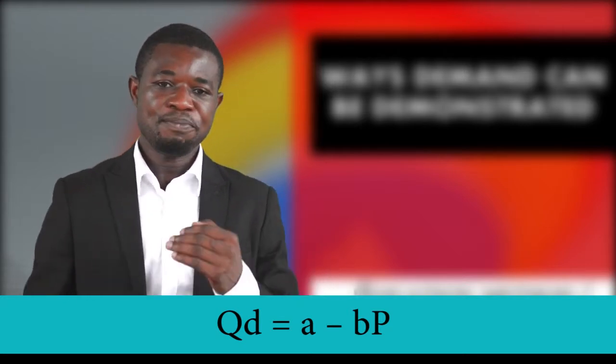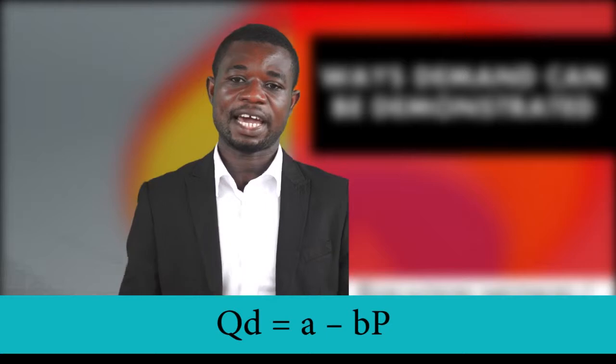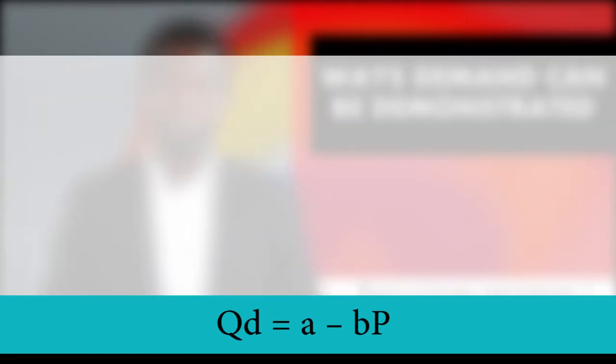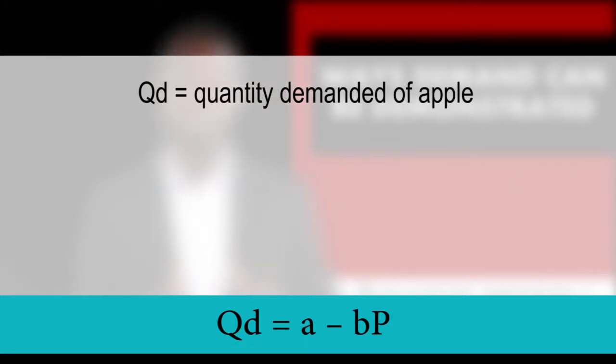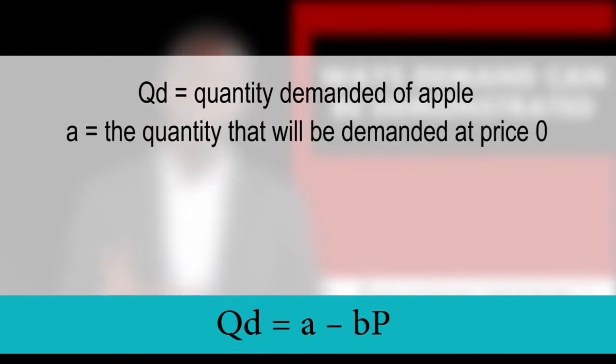Now let's look at the meaning of these variables as they are displayed on the screen. QD talks about the quantity demanded of the particular commodity in question. A talks about the intercept. In other words, where the demand curve crosses the horizontal axis. Put differently, at price 0, how many units will be demanded?